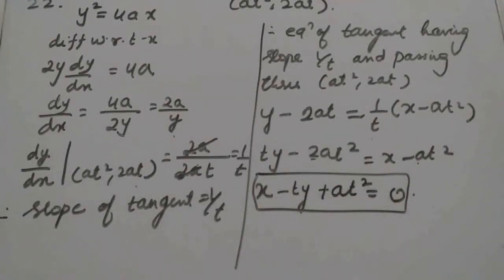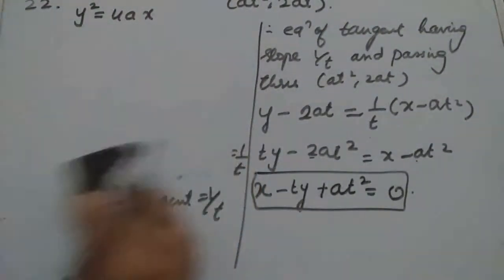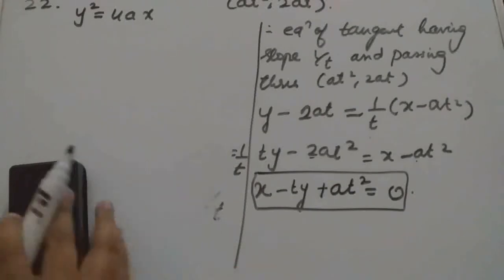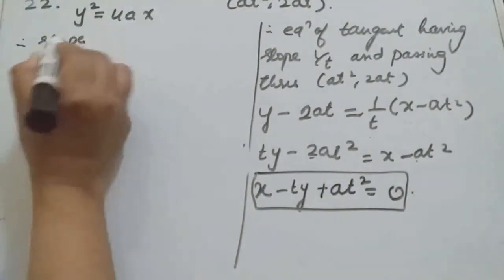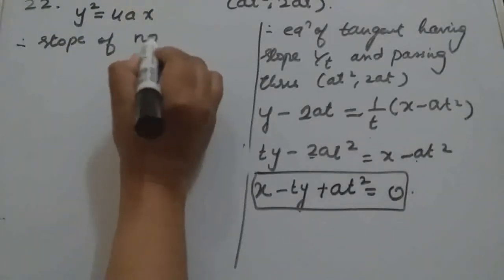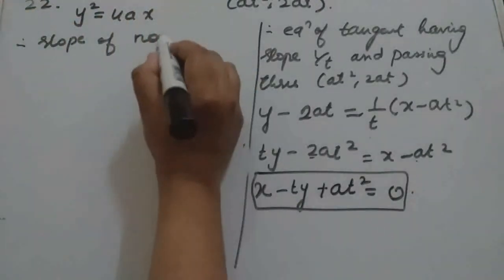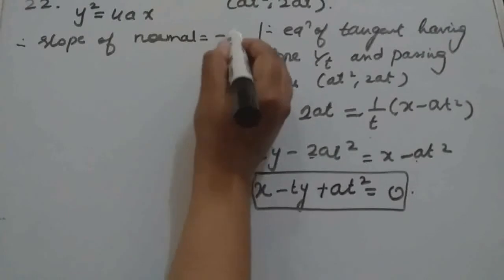Now for normal we should write, slope of tangent is 1 by t. So therefore slope of normal will be minus t.